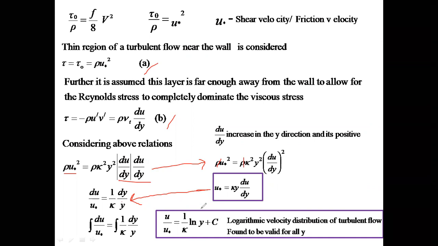This clearly indicates that this is the fundamental equation for the velocity profile of turbulent flow in a pipe. This clearly explains that the velocity profile of a turbulent flow has a logarithmic velocity distribution.